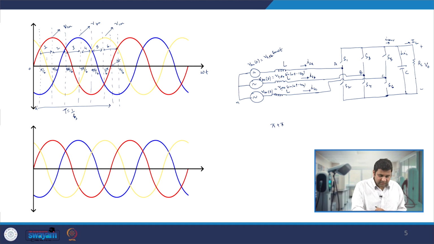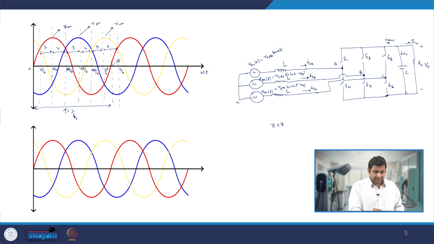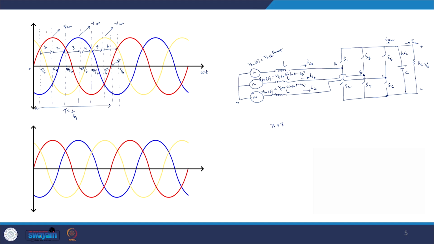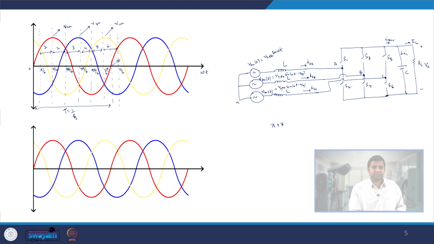So, we have 6 sectors in one line cycle, and in the first sector one of the phase voltages is the maximum voltage, another the mid voltage and another the minimum voltage, and that changes after every 60 degrees. So, if we can calculate for one sector, let me say sector 1, we can say the same thing will repeat in sector 2, sector 3, sector 4, sector 5 and sector 6.